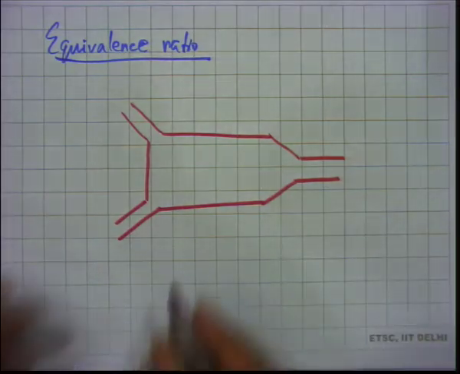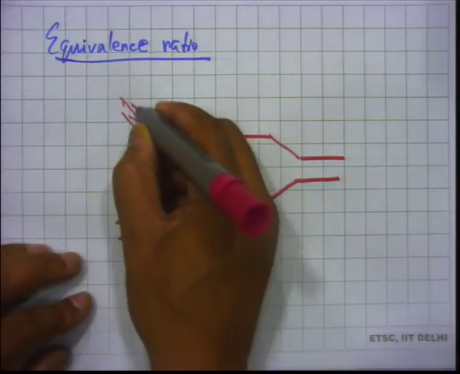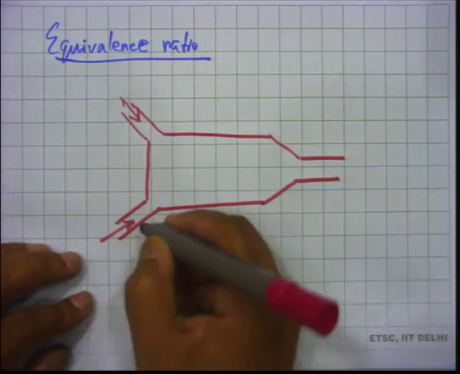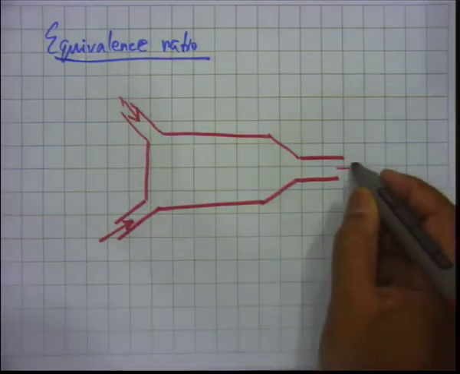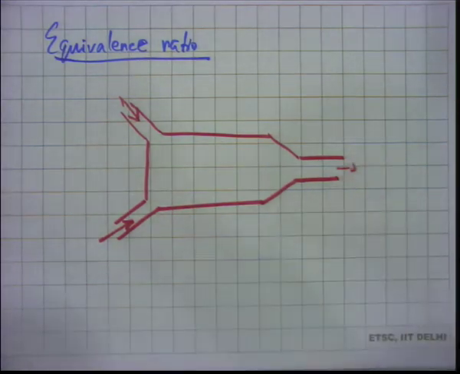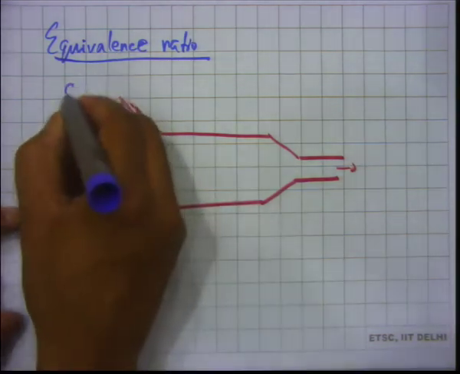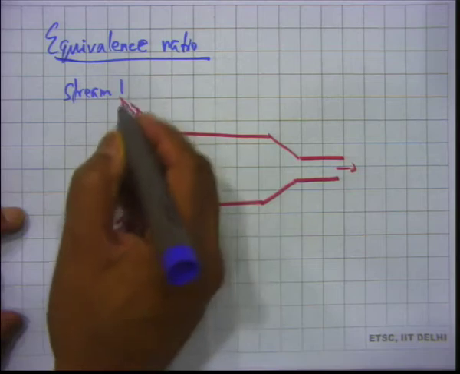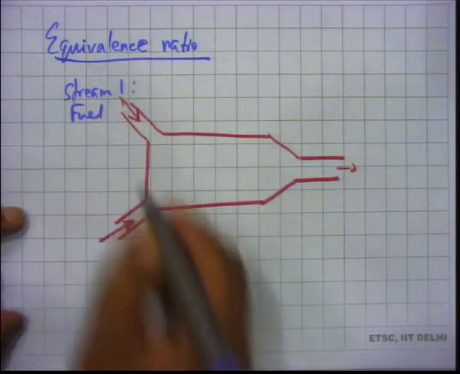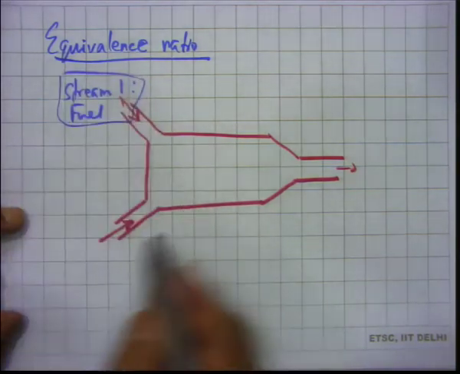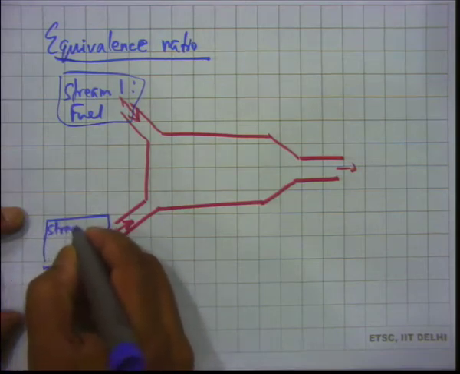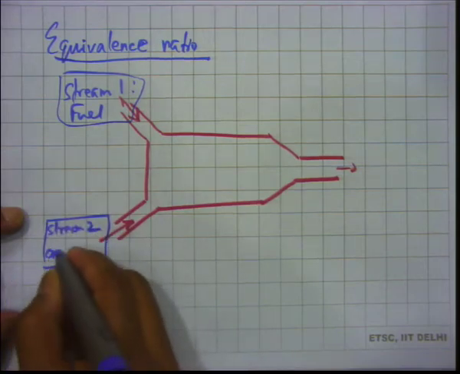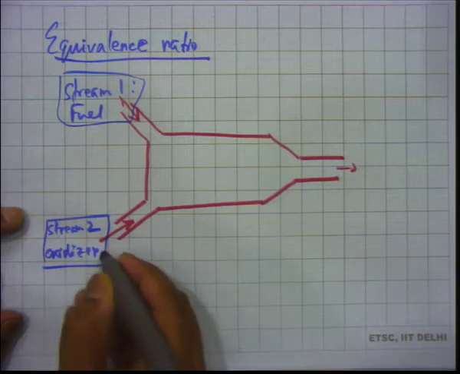Some kind of a combustor in which we have two streams going in, and there is of course one stream going out. So this stream here, stream 1, which has got fuel, and here we have stream 2, which is oxidizer.